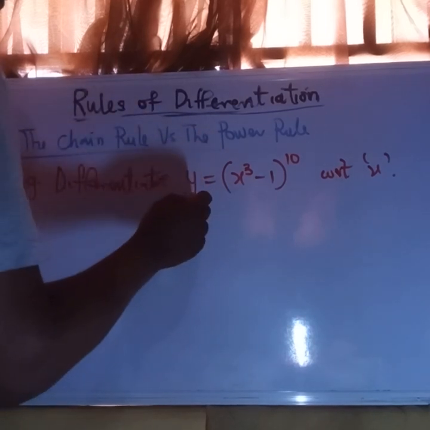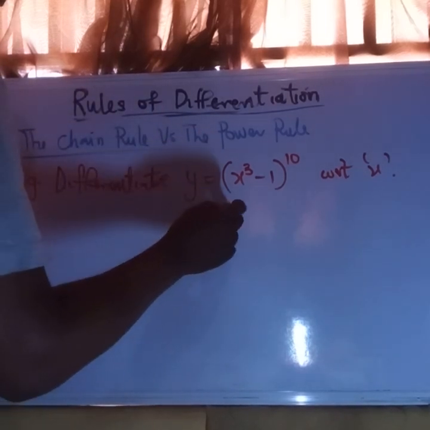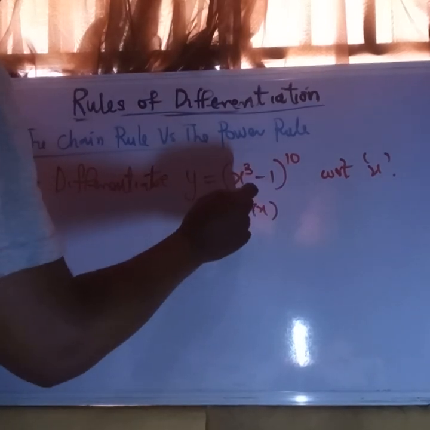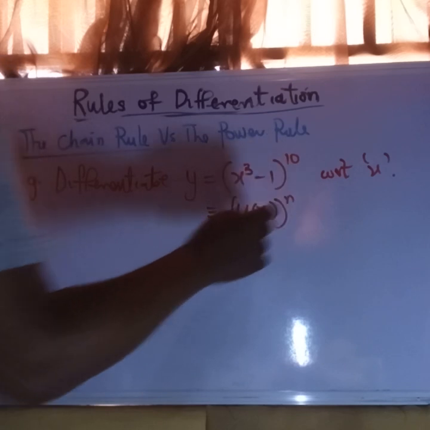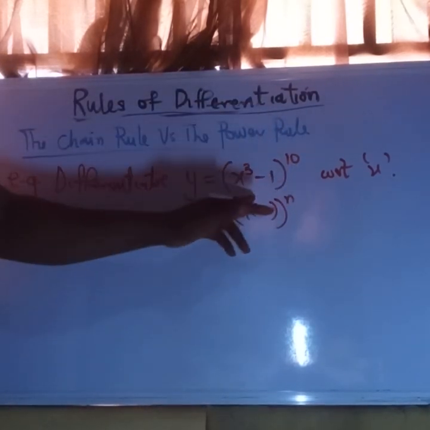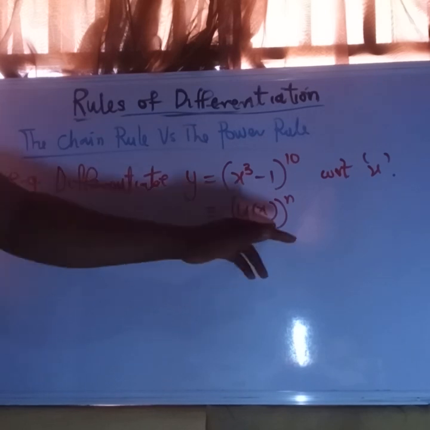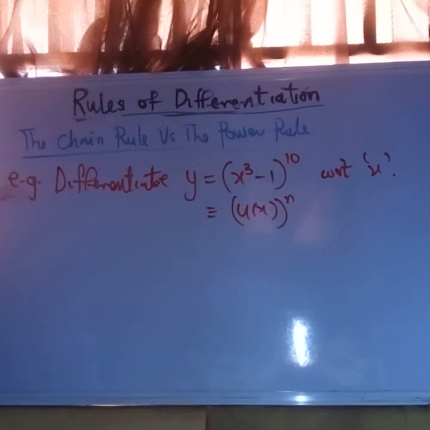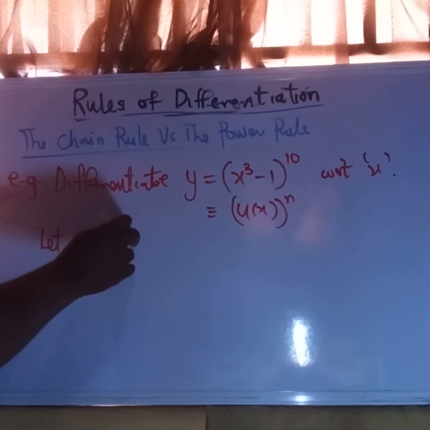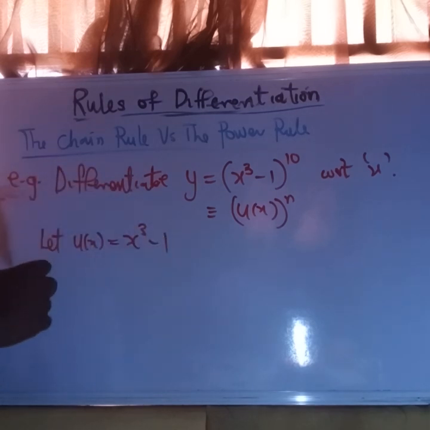If you compare this with what we had earlier, this is a function u whose power is n. By comparison, this is u of x, so let u of x equal x cubed minus 1.